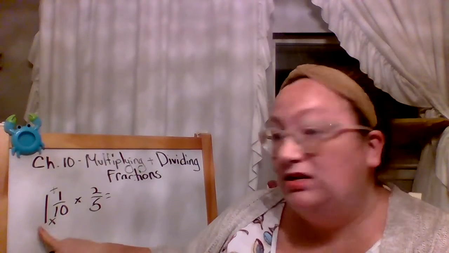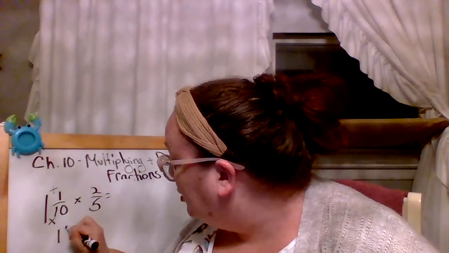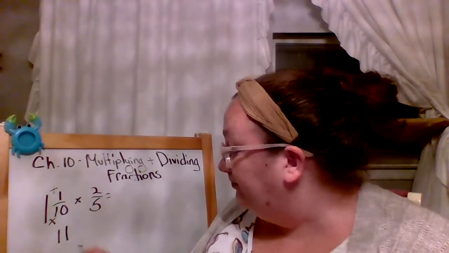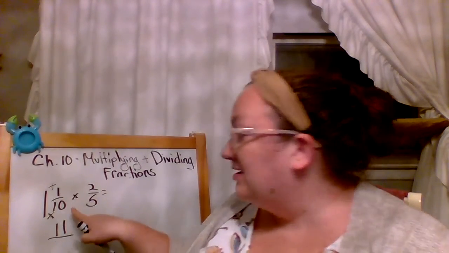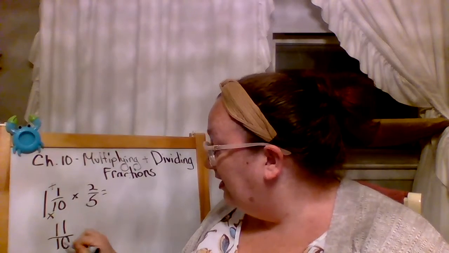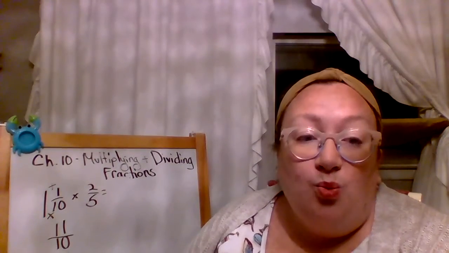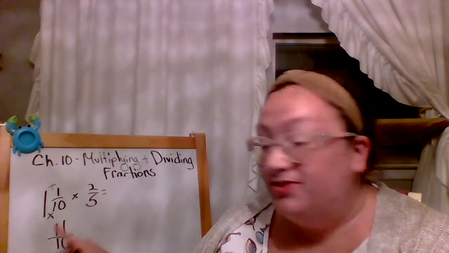So 10 times 1 is 10, plus 1 is 11. So my numerator is 11. And my denominator stays the same. So if it's 10 up here, it's going to be 10 right here. So 1 and 1/10 is the same as 11/10.